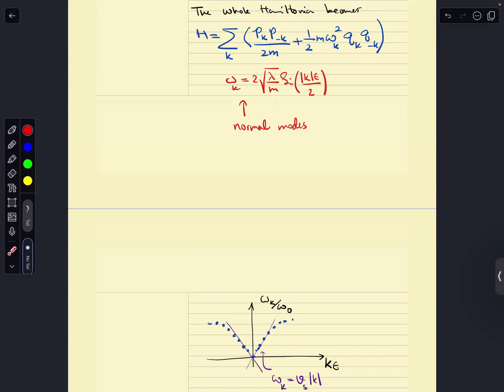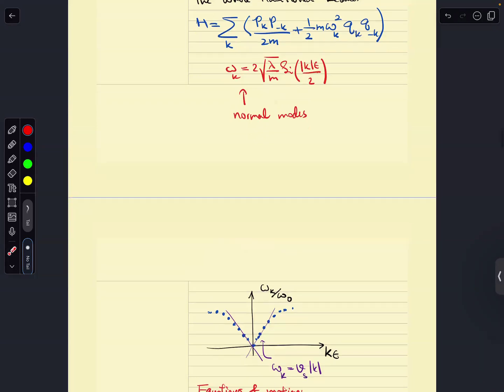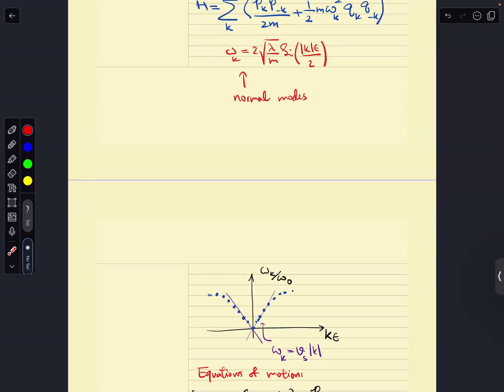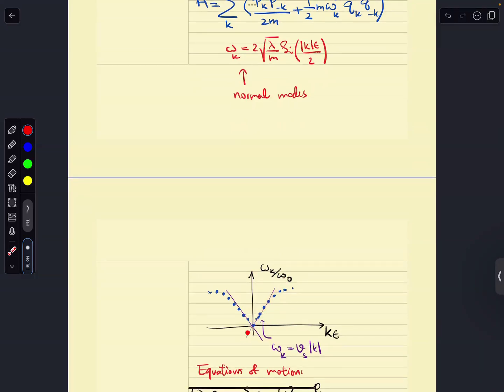This is just wave dynamics. If you look at the tangent here, that is the group velocity.